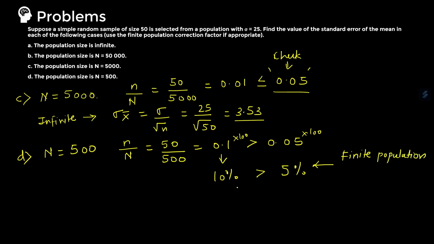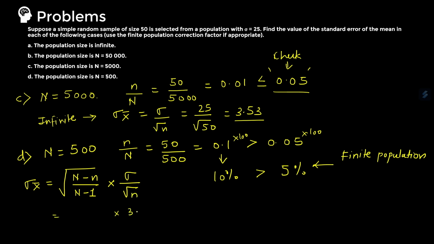Why is it finite? Because our population correction factor has increased beyond our checked level. Okay, so now the formula for standard error will also change. What is the formula? Square root of capital N minus small n divided by capital N minus 1, into sigma divided by root n.